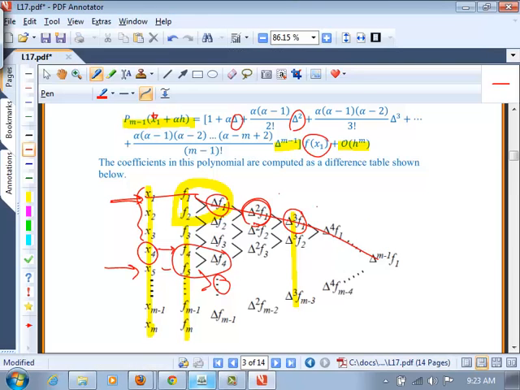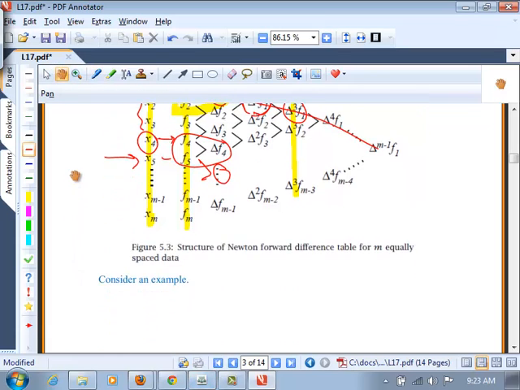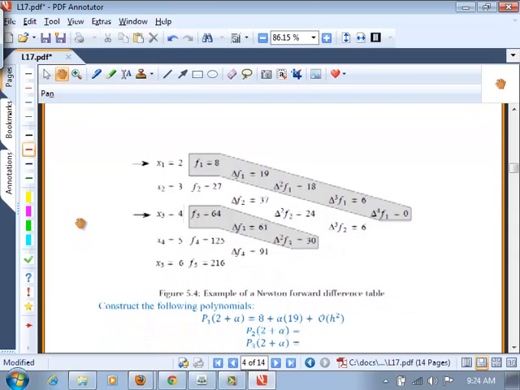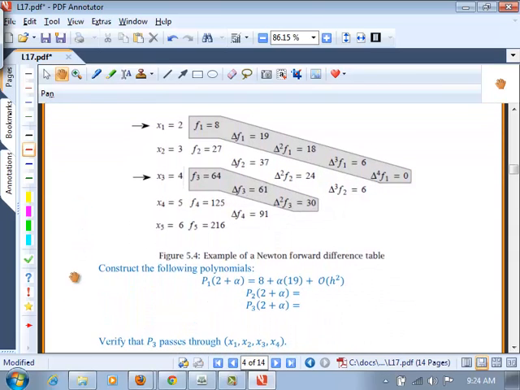Here is just an example of that idea. So I have a set of tabular data, X, equally spaced, 2, 3, 4, 5, 6. So what is H here? 1. Okay. And I have a set of function values. By inspection, you can see where these functions are coming from.